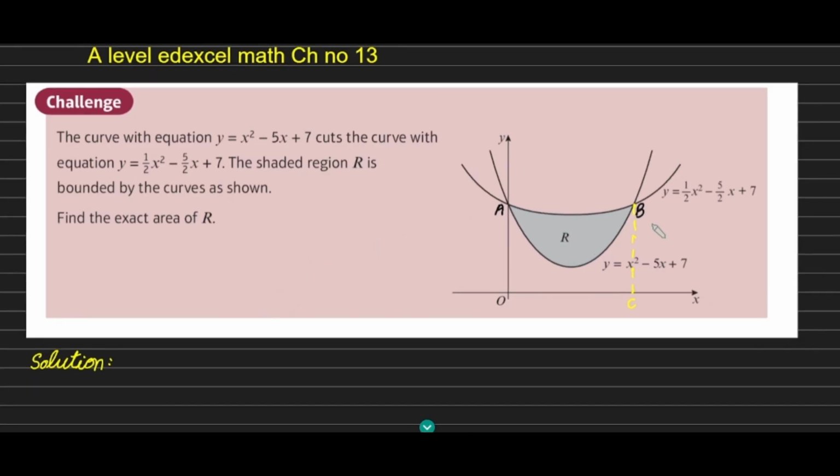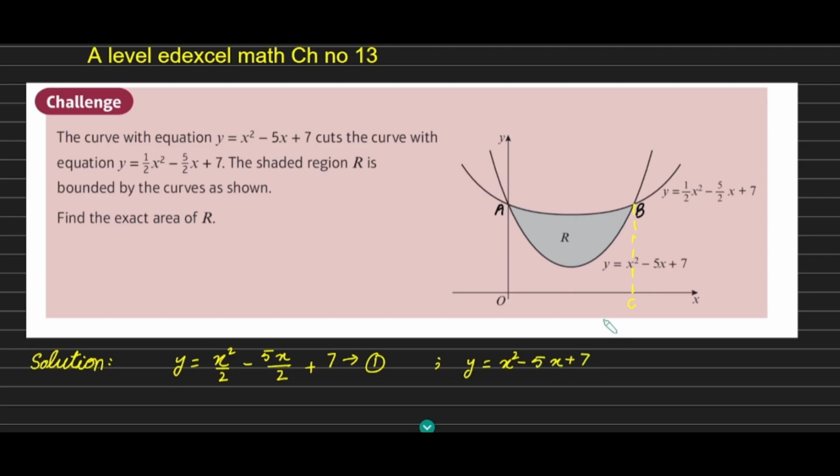Now to find the point of intersection, we have to equate equation 1 and equation 2. Suppose equation 1 is the first curve, x squared by 2 minus 5x by 2 plus 7, and the second equation is y equals x squared minus 5x plus 7.